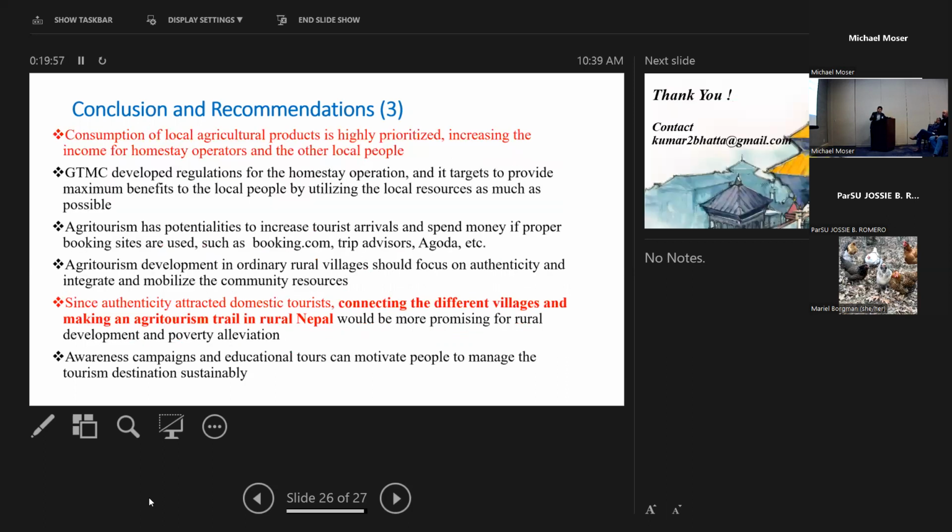Since Nepal is a country of mountains, and trekking is the main attraction of tourism, the different villages can be linked through agritourism, and we can develop an agritourism trail in Nepal. Thank you.